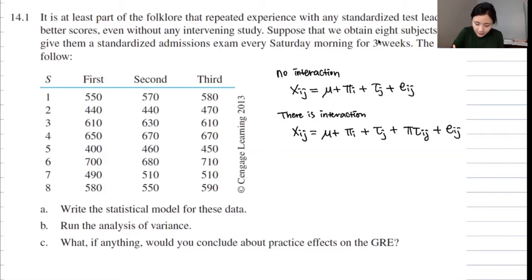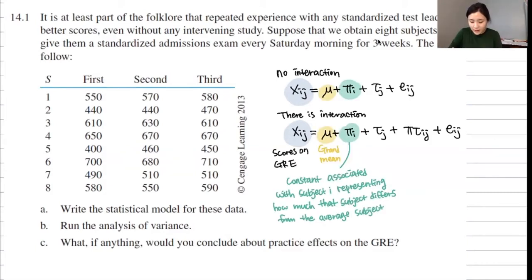Here, Xij is the score on the GRE and mu is the grand mean. Pi i is a constant associated with subject i, representing how much that subject differs from the average subject.